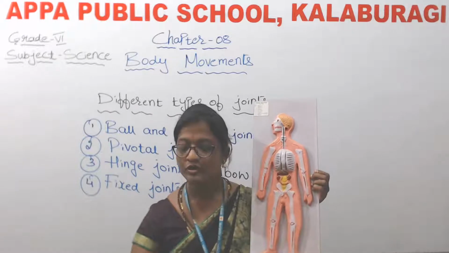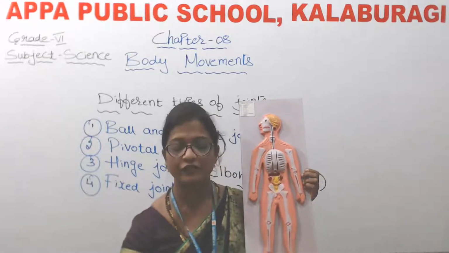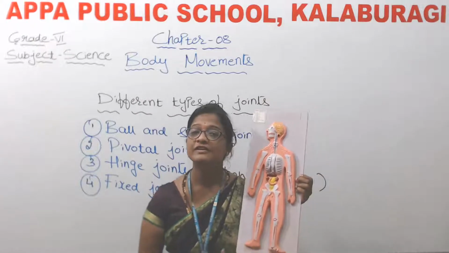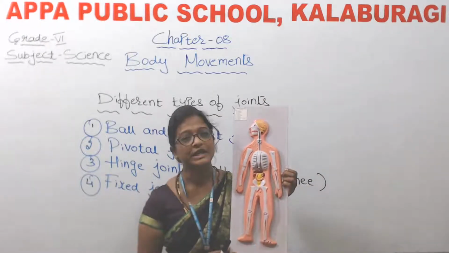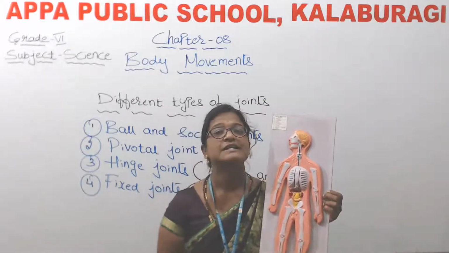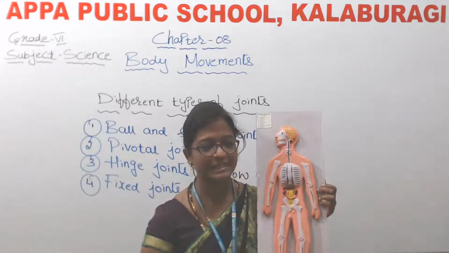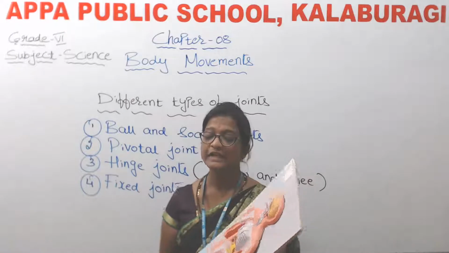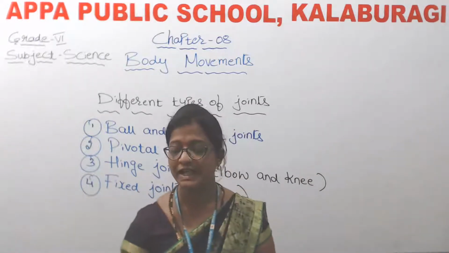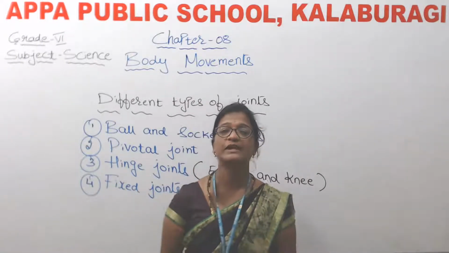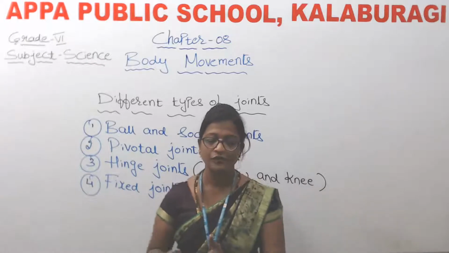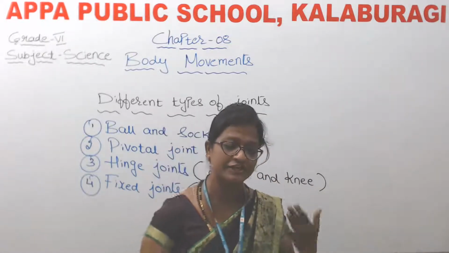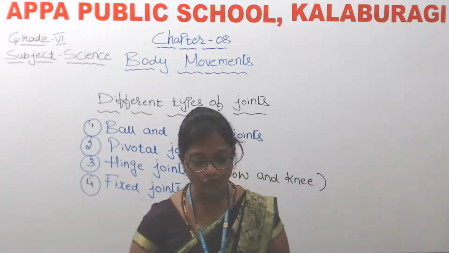Why does it form a framework? Yes, to give shape and support to our body. Because of this framework only, we can sit, we can stand, and our body is protected, isn't it? All these bones form a framework and give shape and support to our body.